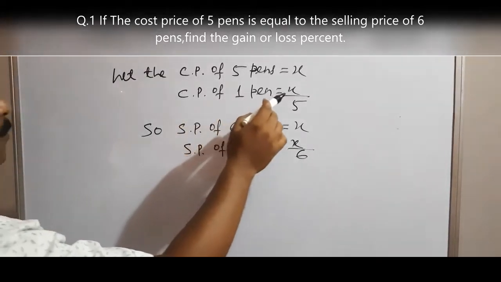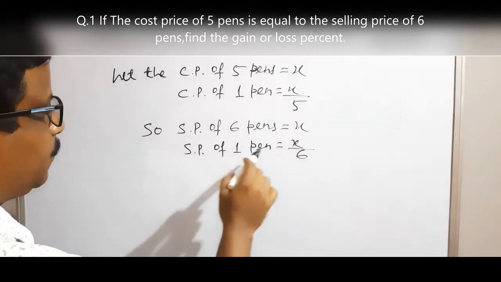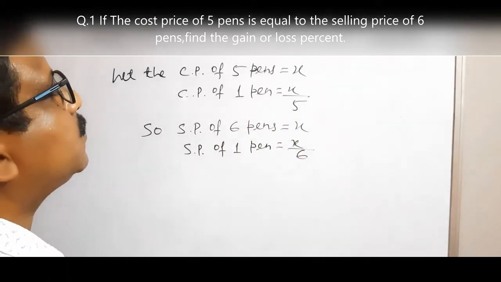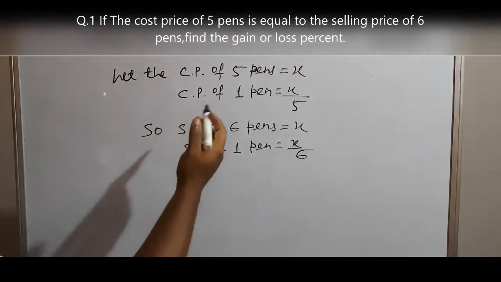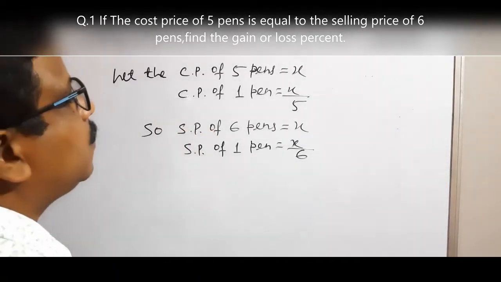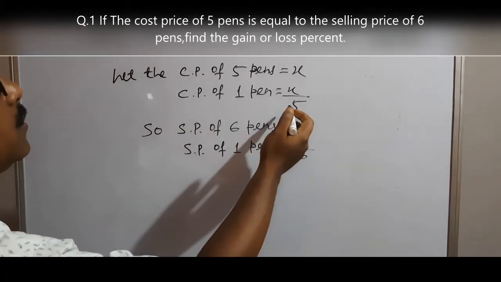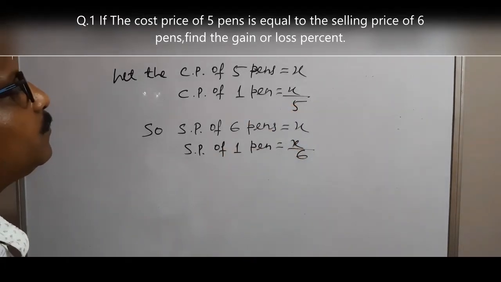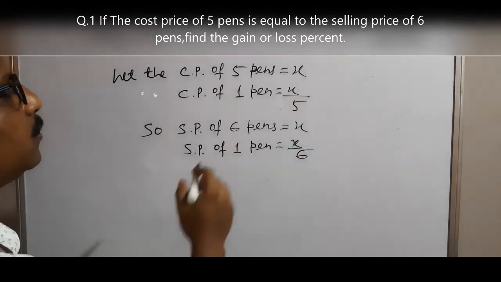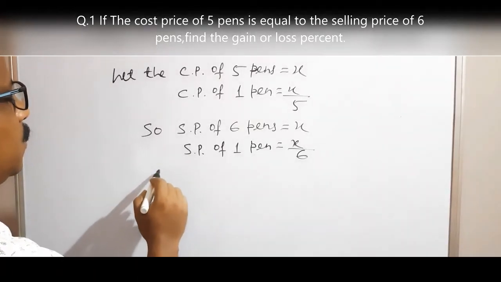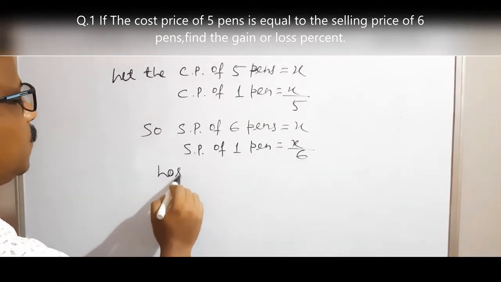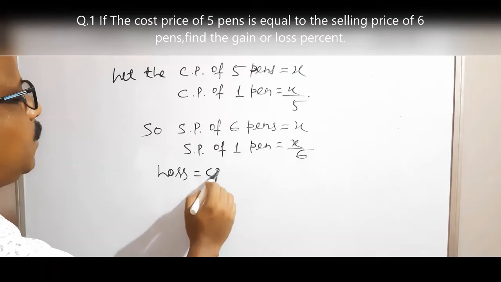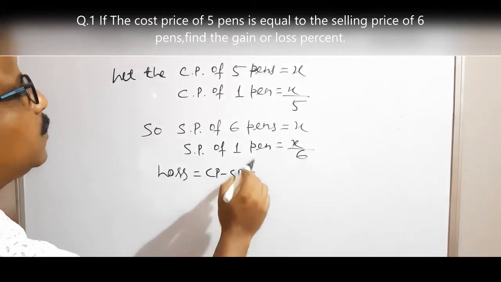So CP of 1 pen is X by 5 and SP of 1 pen is X by 6. So which is more, CP or SP? Definitely here the CP will be more. Understood? So the loss is equal to CP minus SP.